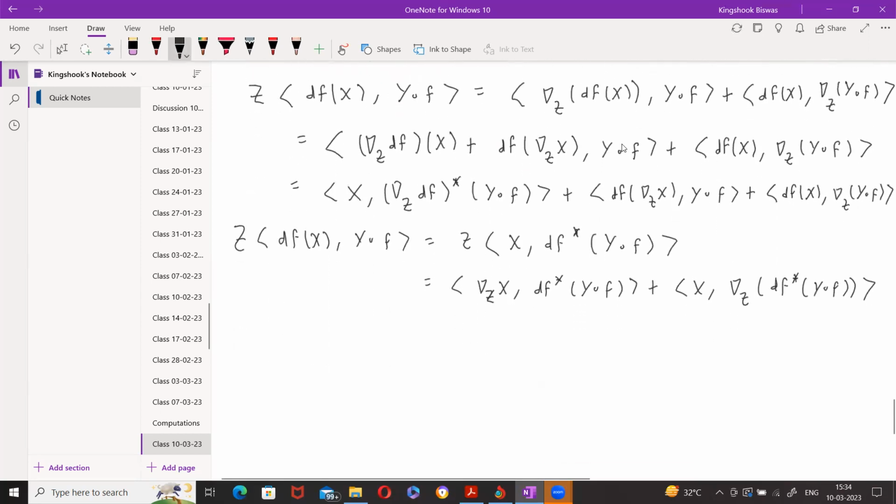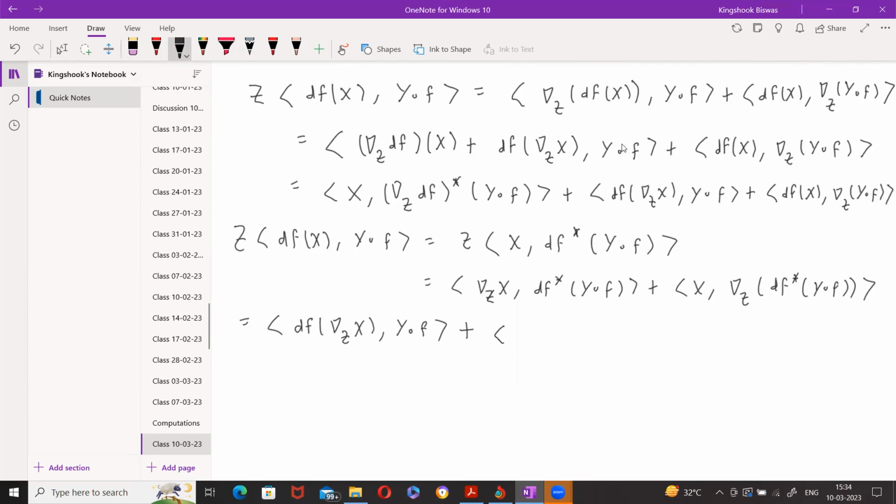In the first term, I can move the Df star over, so this becomes the inner product of Df of nabla Z X with Y composed with f. You can see that this term is the same as the term above, so when I equate these two, they cancel. From the other term, which is of the form nabla Z of beta composed with s, I get again a Leibniz rule, two terms.